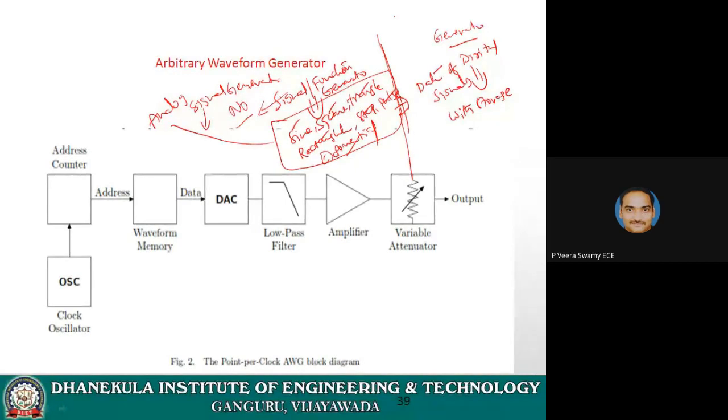And in your home, your laptop or mobile or any other desktop system receives that information, converts the digital data into analog for your convenience, and you are able to hear that analog data very easily.